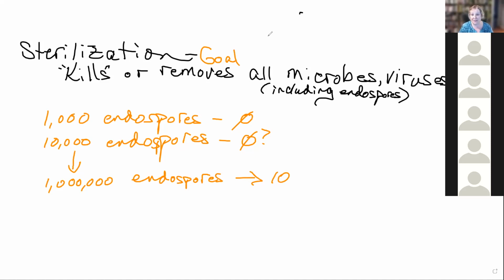So instead, because you can't prove a negative, what we've decided is that although this is a good goal, we need to set benchmarks that manufacturers can reasonably prove when they're marketing a product that is intended to meet this goal.